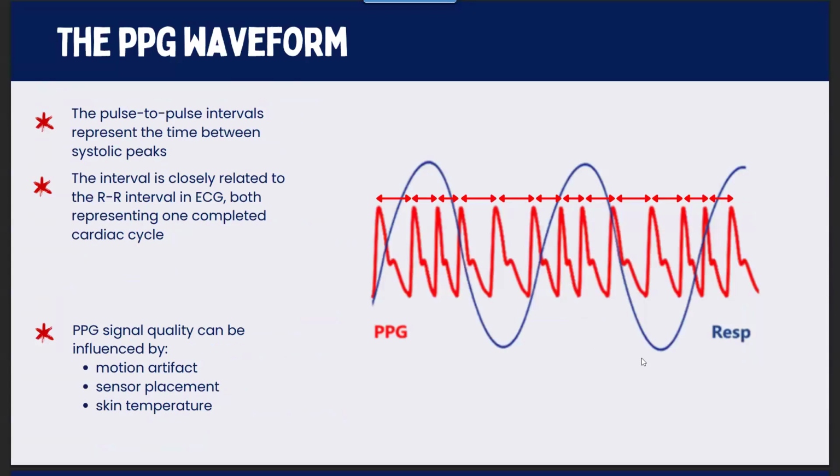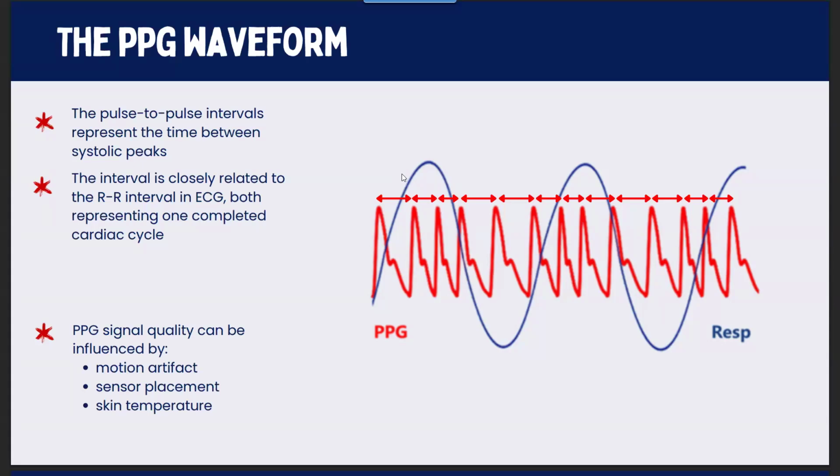So, since we've been drawing so many conclusions as far as how PPG is similar to ECG, one other way that we can use this waveform is, again, looking at the pulse-to-pulse intervals in order to represent the timing differences between these systolic peaks.